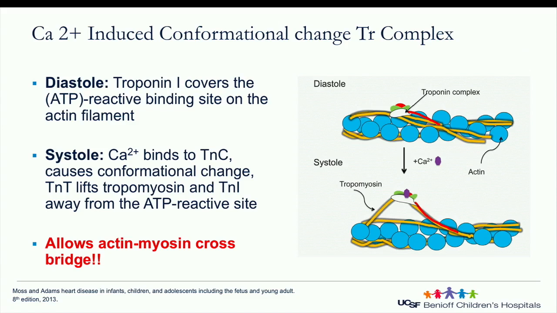The myosin heads attach, rotate, generate force, and move the actin filaments, similar to oars in the water. Myosin detaches from actin in an ATP-dependent process, and the cycle repeats, bringing the two Z lines of the sarcomere together until cytosolic calcium levels fall and diastole begins.